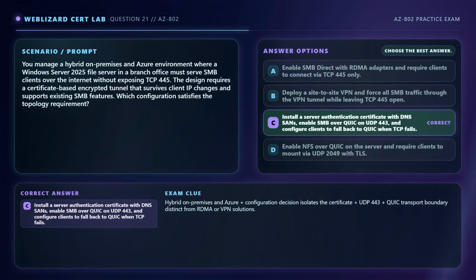The correct answer is C. Install a server authentication certificate with DNS SANs, enable SMB over QUIC on UDP 443, and configure clients to fall back to QUIC when TCP fails.